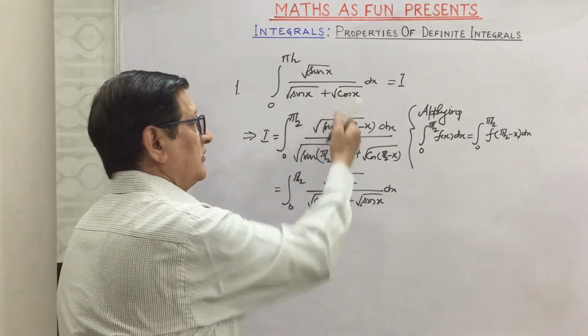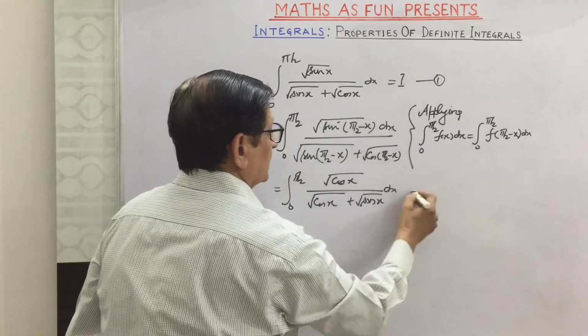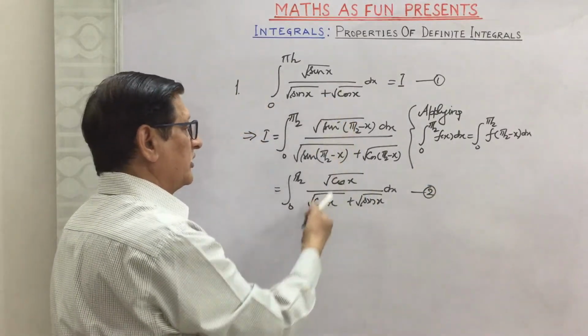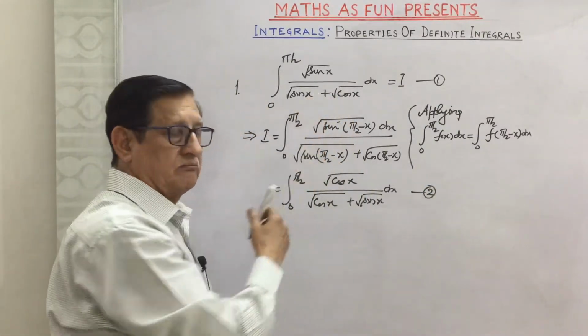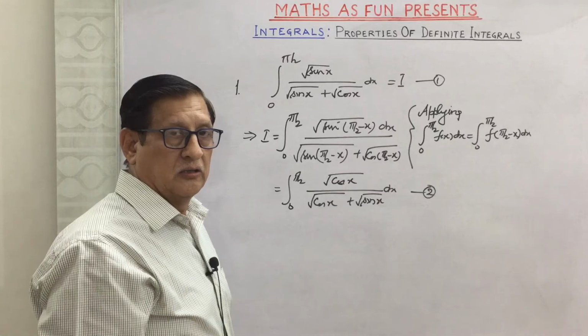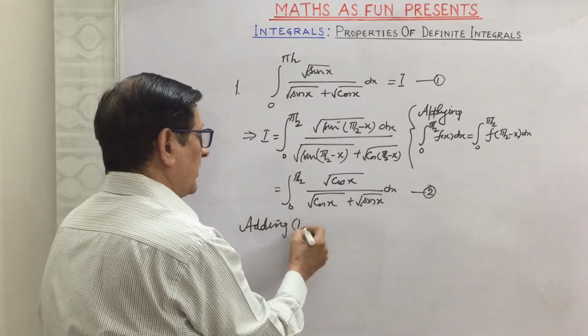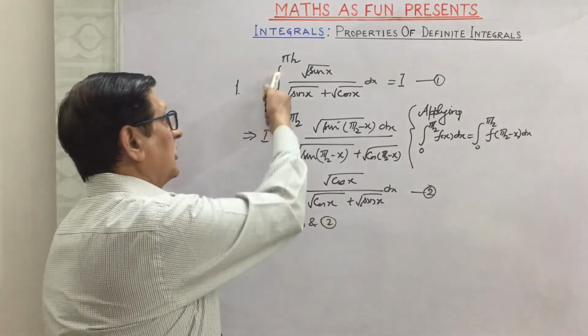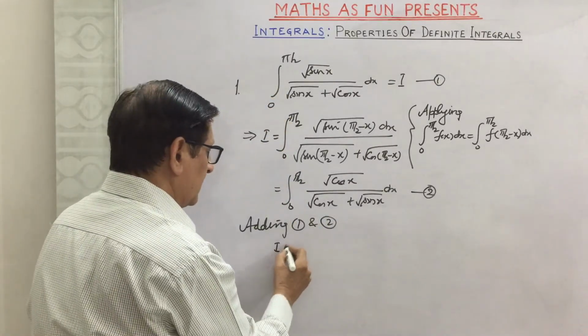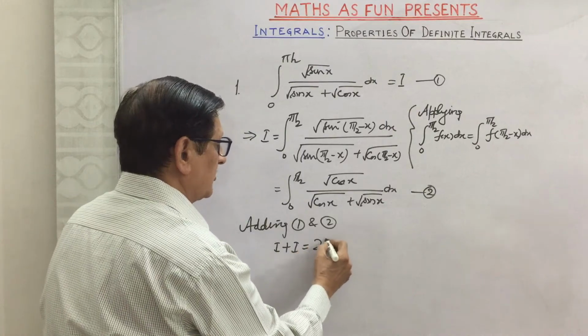What we find? If we write this as 1 and this as 2, in both 1 and 2 the denominator is the same. So if we add these 1 and 2, since both are I, this will give you I plus I, that is equal to 2I.